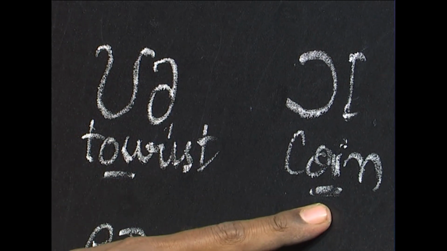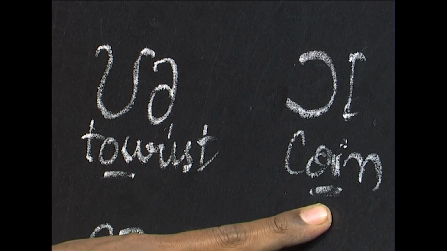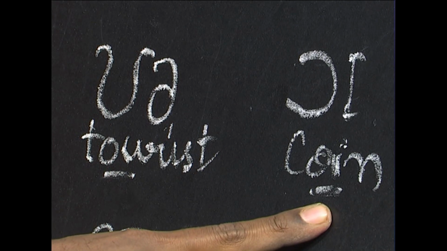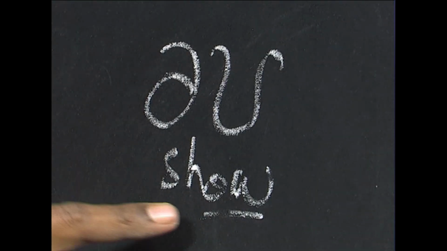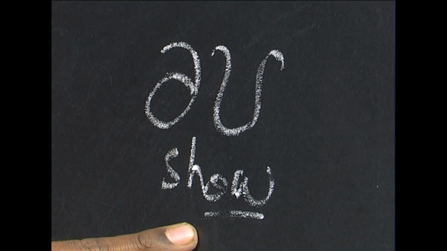The next one, coin, oin sound. The fifth one, show, o sound, show, row, bro, eyebrow.